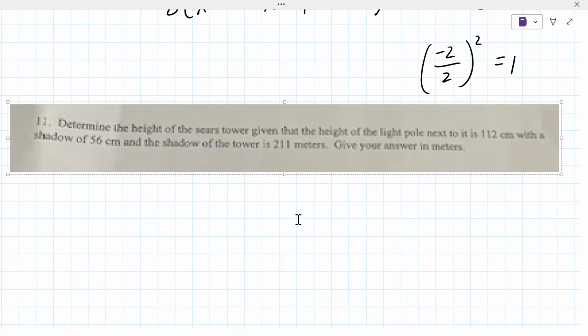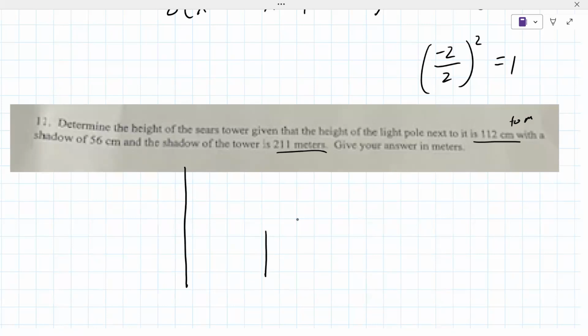Okay, so the height of a light pole is 112 centimeters, and we need to convert centimeters to meters because the tower is in meters. The idea is that the sun is up here and there's a shadow.